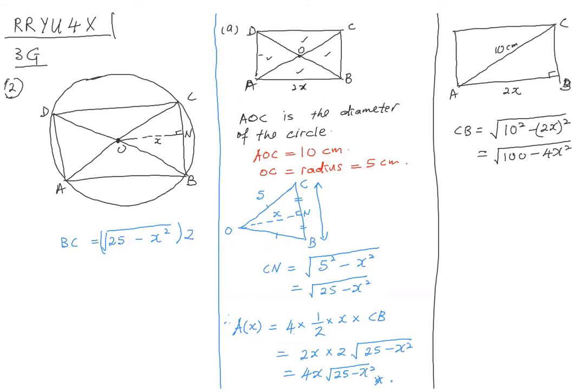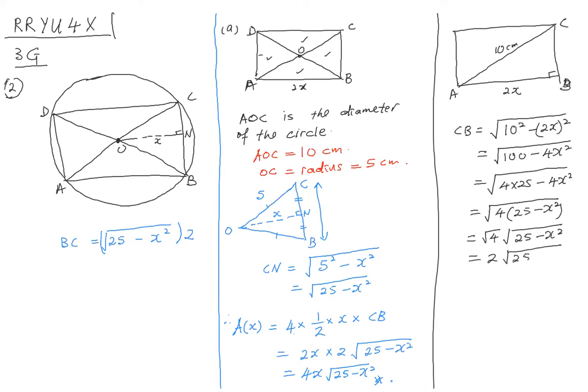So 100 is 4 times 25. So I can factorize out the 4. So this will be square root of 4 times square root of 25 minus x squared. So this will be 2 times square root of 25 minus x squared.